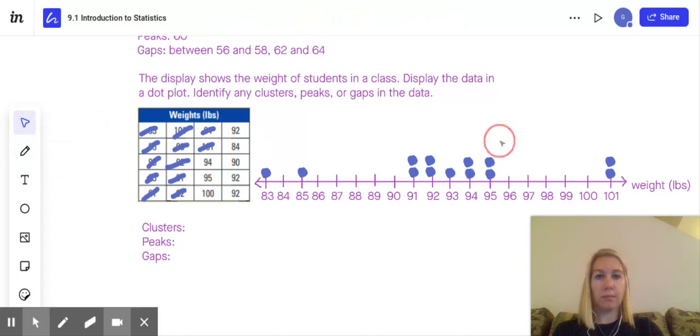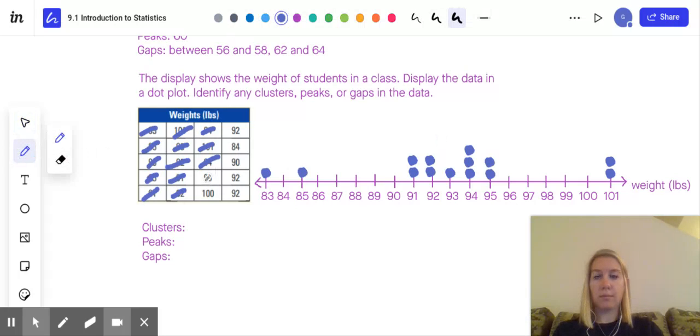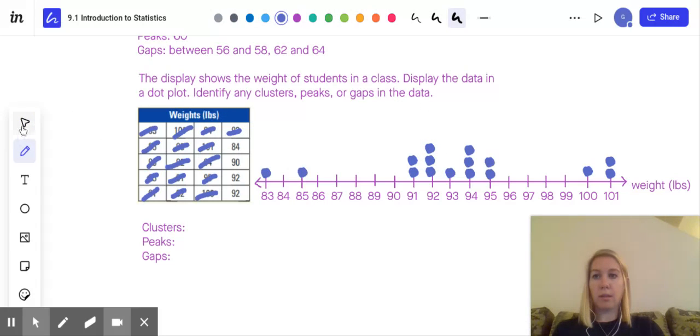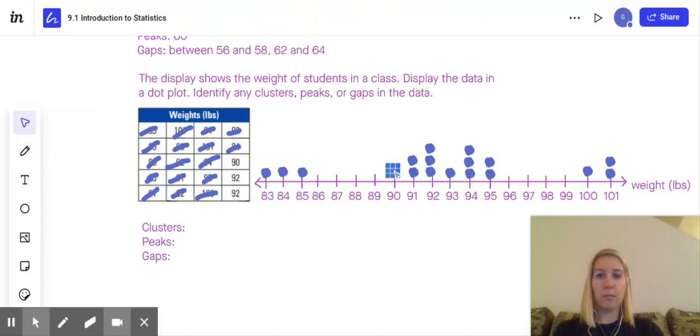94. 95. 100. 92. 84. 90. And then we have two 92s at the end.